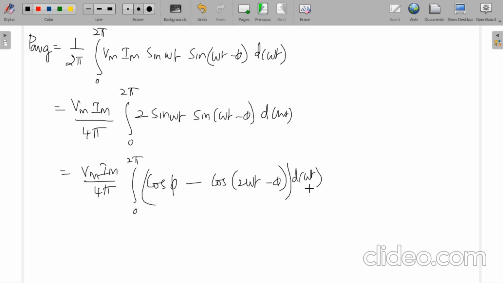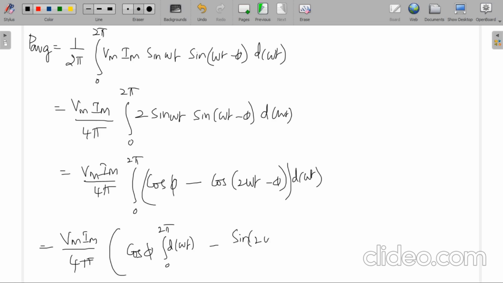Then it equals Vm Im by 4 pi, where cos phi is constant, cos phi times the integration from 0 to 2 pi of d of omega t, minus the integration of the second term, which is sine of 2 omega t minus phi by 2 from 0 to 2 pi.